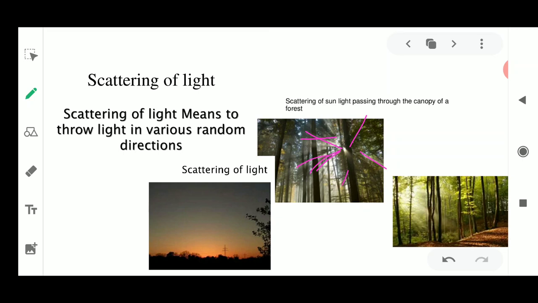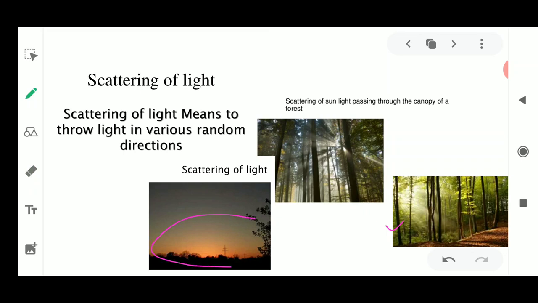This random movement of the sun's rays is known as scattering of light. So the scattering of light means the throwing of light in various random directions, and a very perfect example is this sunlight being scattered from the dense canopy.